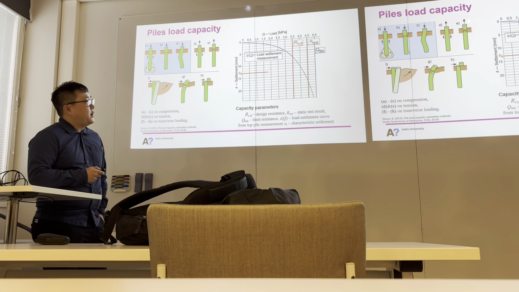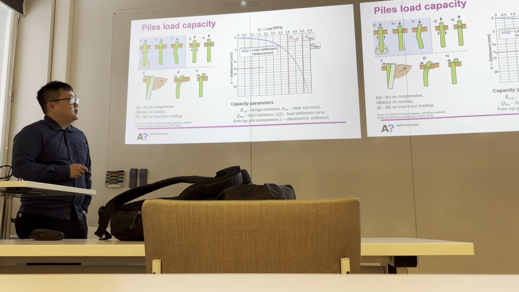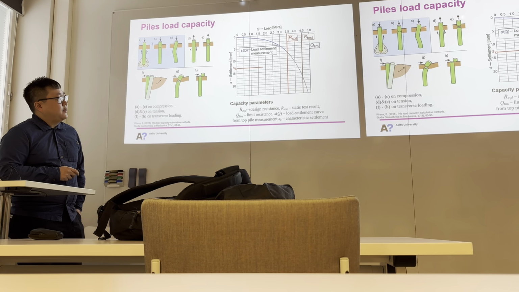Figures D and E are caused by tension. Figure H is caused by horizontal or transverse loading. This is a kind of bending, and this kind of shearing. Sometimes there will be combined mechanisms for the failure of piles.